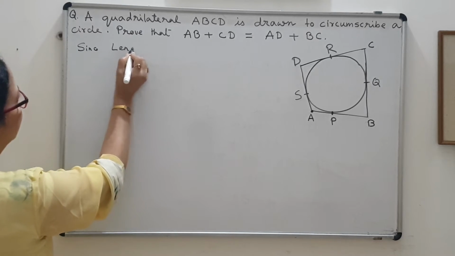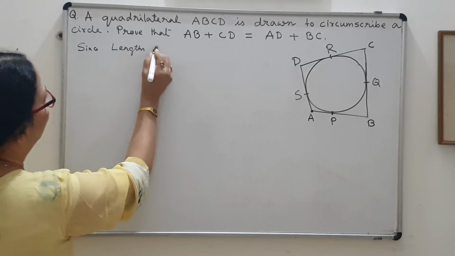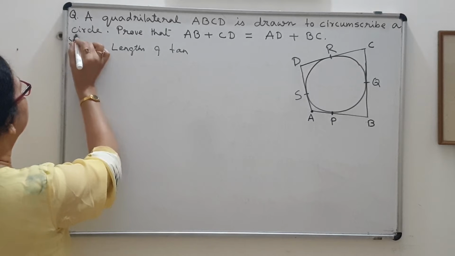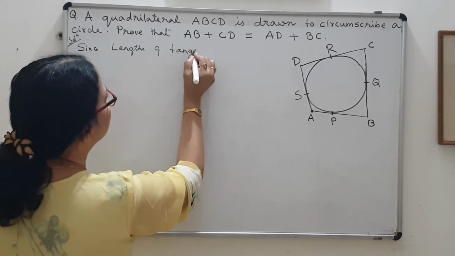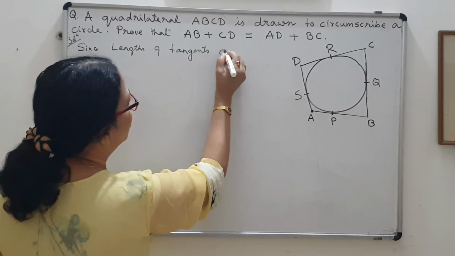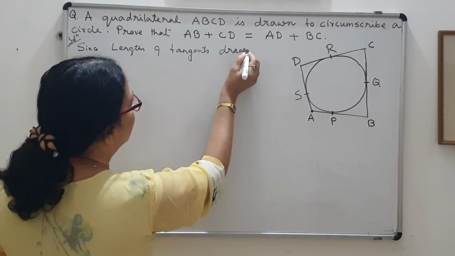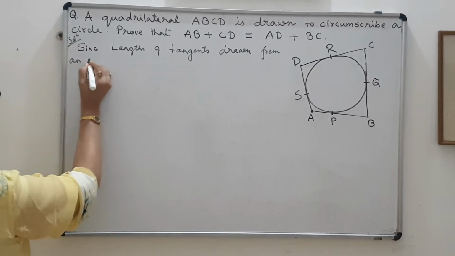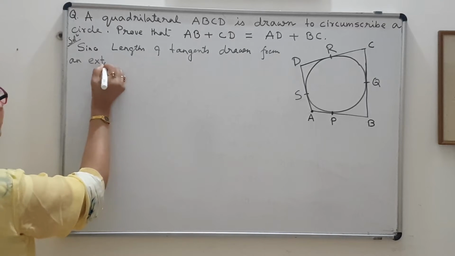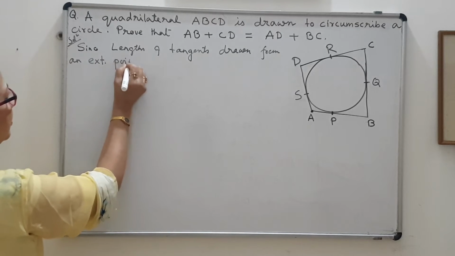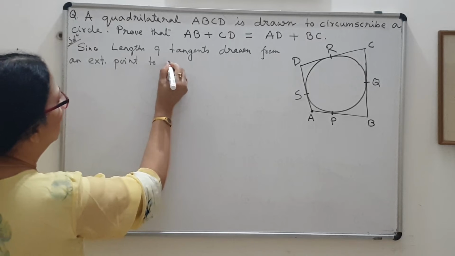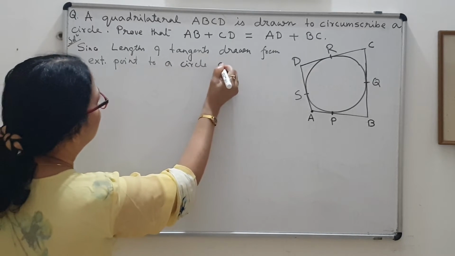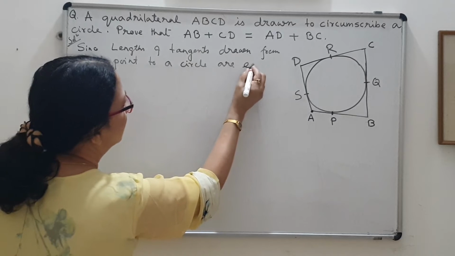Since lengths of tangents drawn from an external point to a circle are equal.